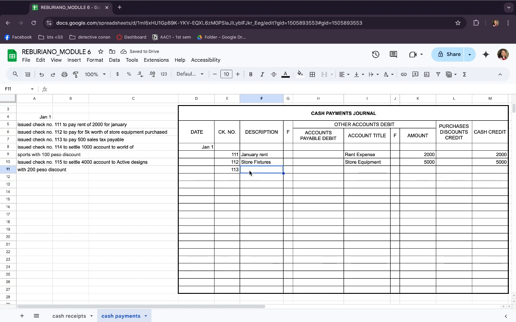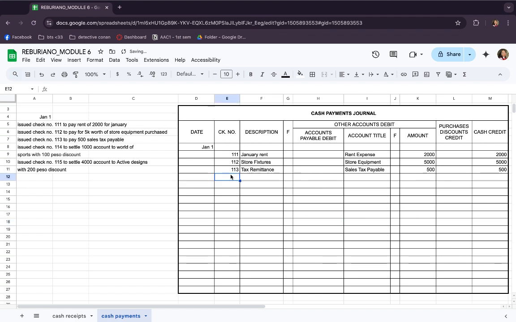And then, yung description natin dito will be tax remittance, kasi when you send money to the government, it is called a remittance. So, since it's specified that we will be paying tax here, it is a tax remittance. So, sales tax payable, debit, kasi nabawasan tayo ng payable. Debit, 500. Then, nabawasan rin tayo ng cash, 500.